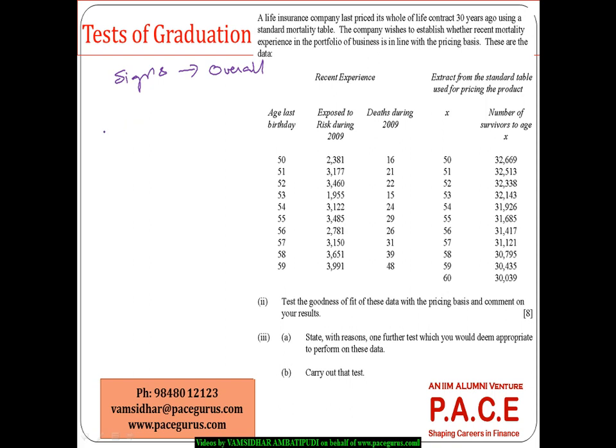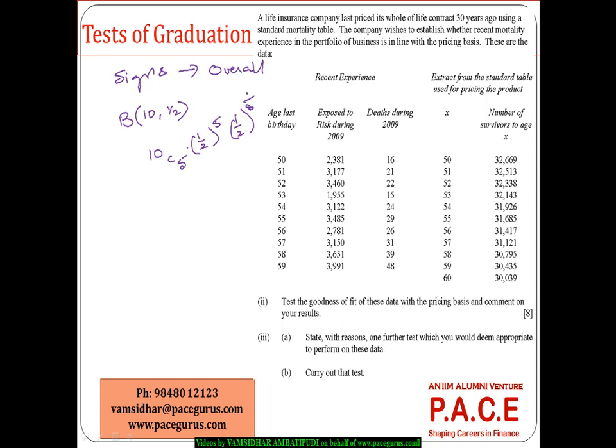If at all there is not much of a bias, it should follow a kind of binomial distribution with n as 10 and p as 0.5. The number of positive signs is 5, so the probability of getting 5 positive signs is 10C5 into 1 by 2 to the power 5 into 1 by 2 to the power 5. This is the probability of getting 5 positive signs.